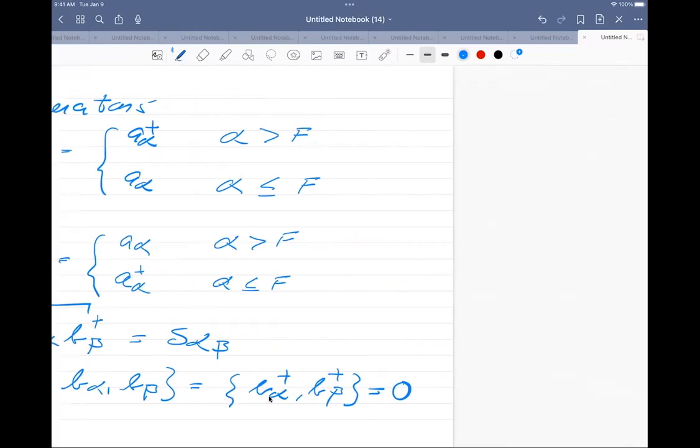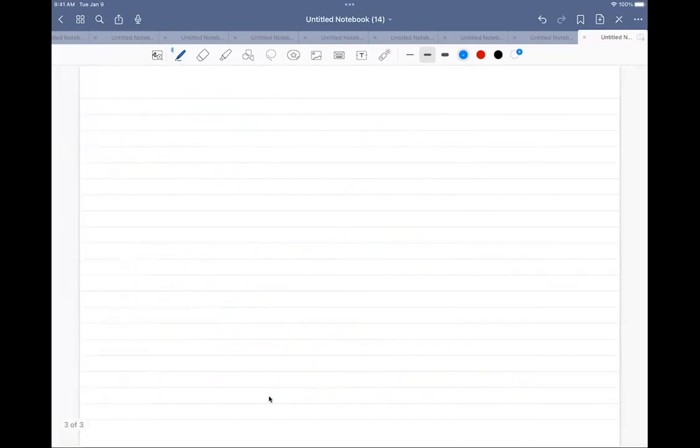So one of the operators which we rewrote in terms of this new set of creation and annihilation operators was the number operator, which simply gives us, as an expectation value, the number of particles you have. And the number operator was something which we had written like this. And we had an a alpha like this.